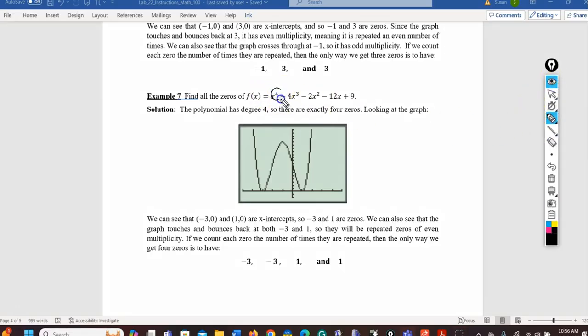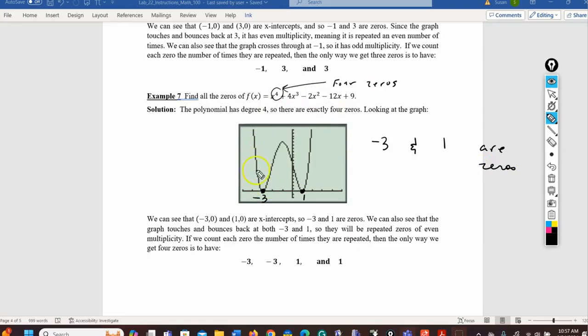What about this one? Well, it has degree 4, and so there will be 4 zeros. Now I can see that I have an x-intercept at -3, and I can see that I have an x-intercept at 1. So -3 and 1 are zeros. But now, if I count them up, the number of times they're repeated, I should have 4.